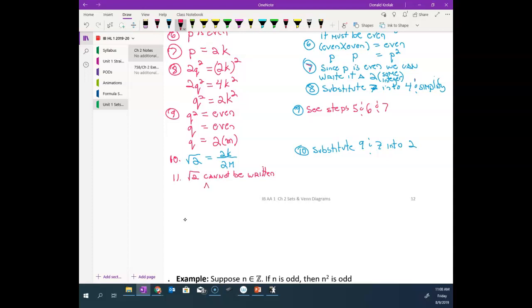Cannot be written as a relatively prime or irreducible fraction. Relatively prime ratio.